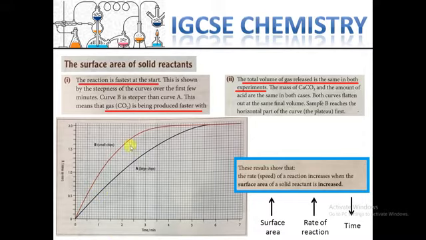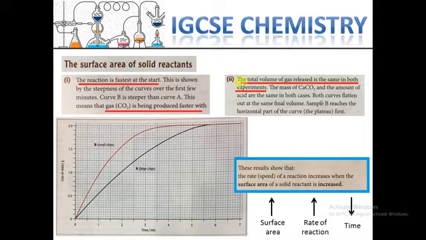So at the earlier time, sample B lost weight faster than A. That means B, which has small chips, reacts faster and stronger with the hydrochloric acid.